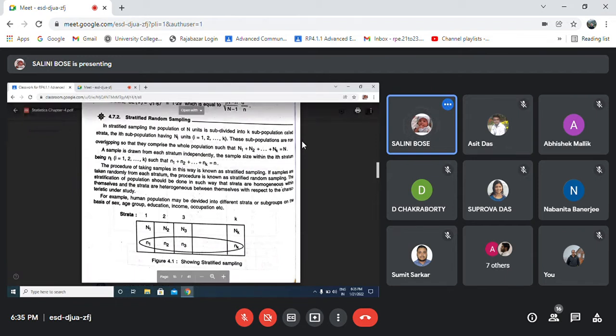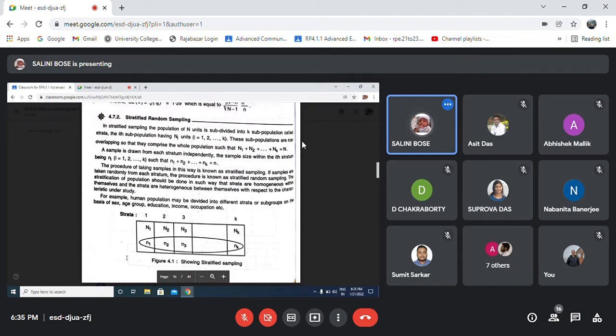Clear? And a sample is drawn from each strata independently, with the sample size within the ith strata being ni. So you are taking a sample from this strata, or this strata, or this one, and they are all independent of each other.